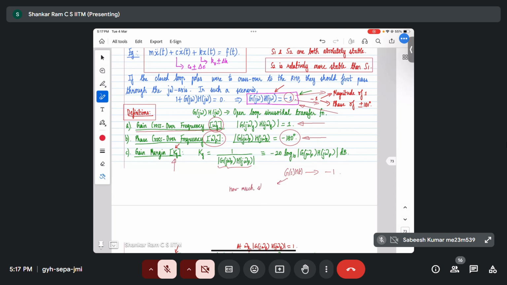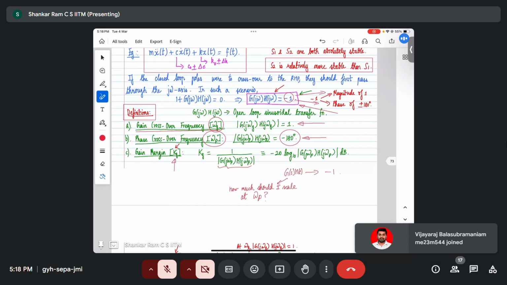How much should I scale it at ωp? That is, I have some magnitude of the open loop transfer function at the phase crossover frequency ωp. The question becomes how much should I scale it at ωp to make the magnitude 1.